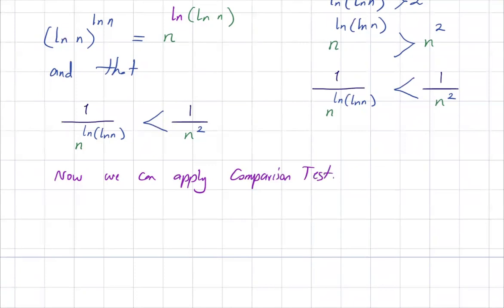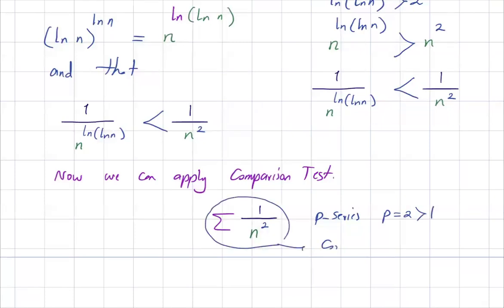The larger series here is the series of 1 divided by n squared, which is convergent. It is a p series, p is equal to 2, more than 1, so this is convergent.